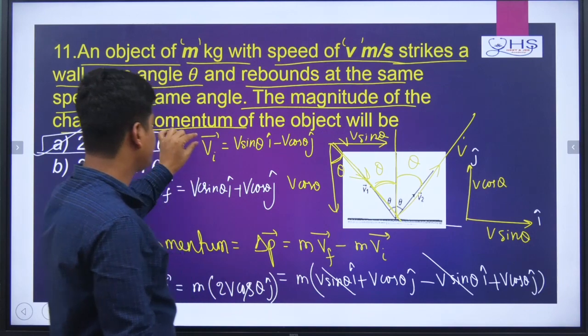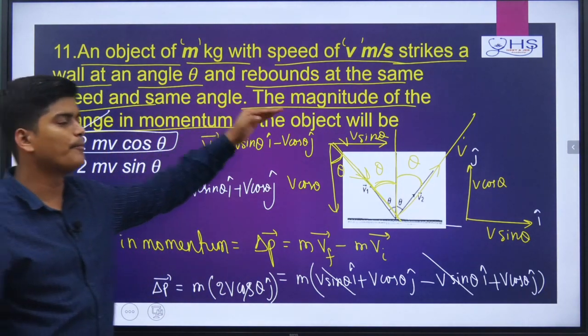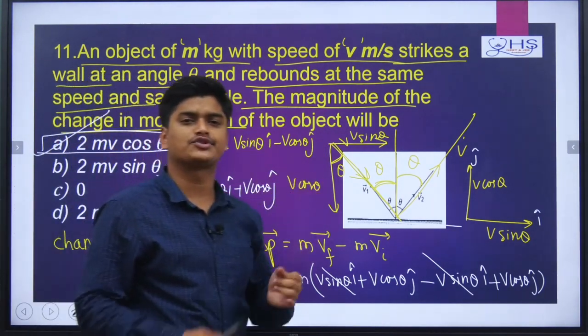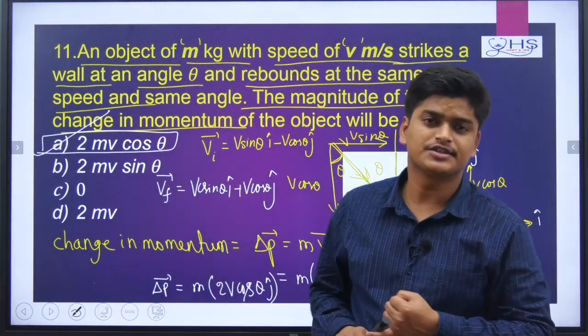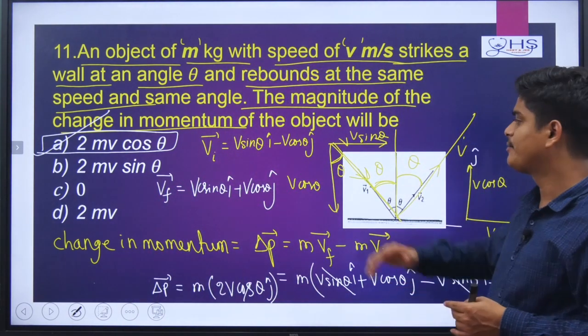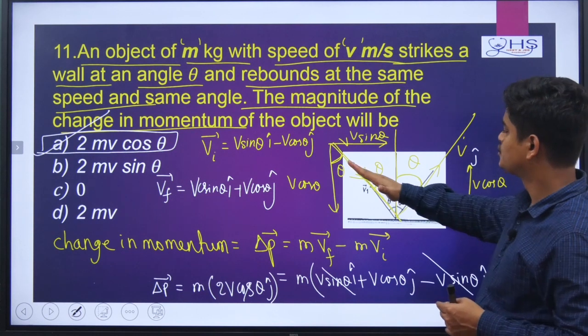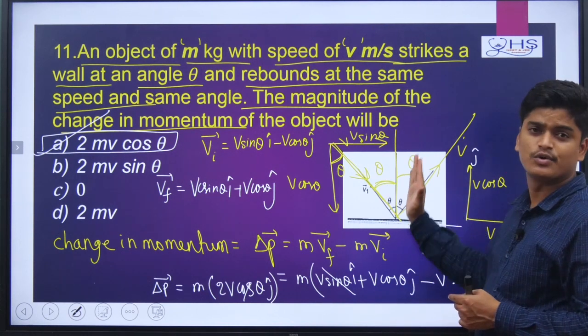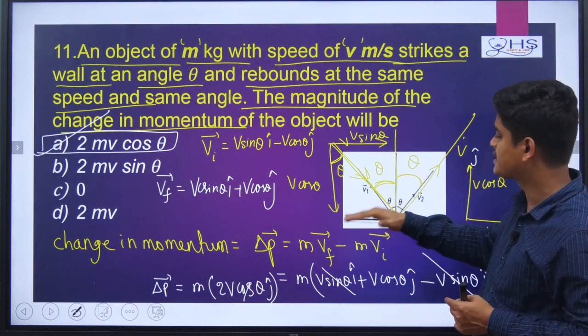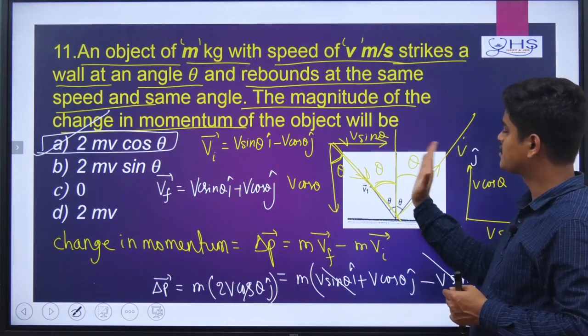So when the vector makes angle theta with the vertical, coming in and going out with the same speed, we can find the components. We already studied components last year; you can check how to resolve a vector. The component connected with the angle theta is cos theta, the other is sin theta.